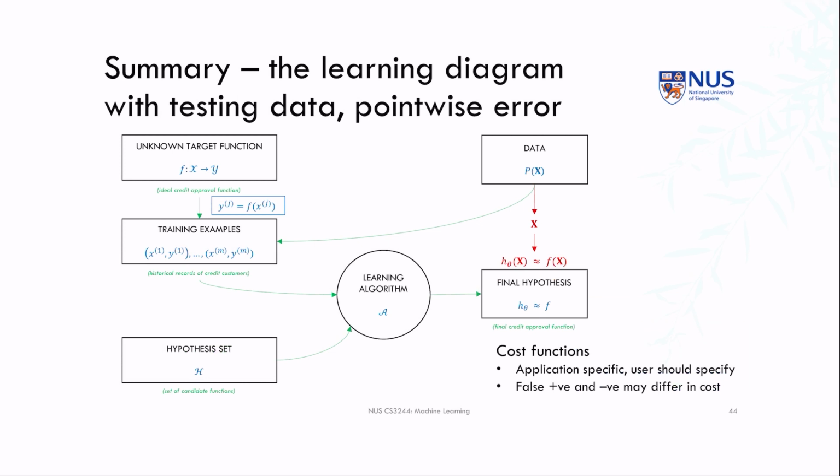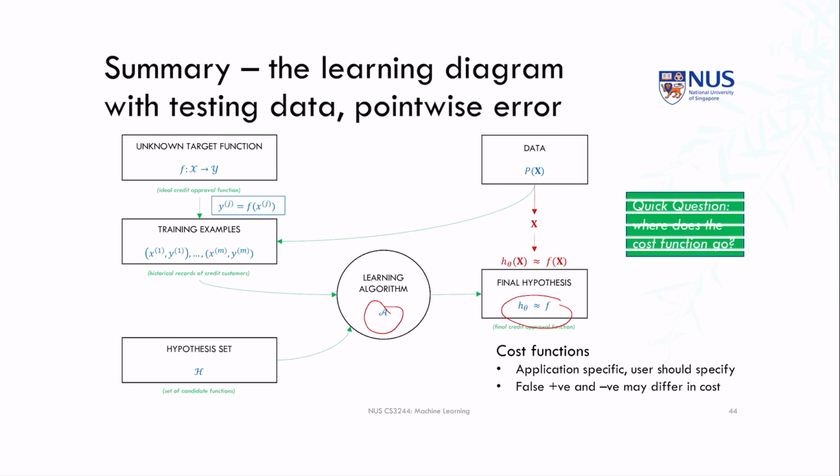So in summary, when we insert the cost function into our learning diagram, we have to find a place for it. We have the learning algorithm and the final hypothesis, so the cost function has to deal with measuring how close we can push our learning algorithm to the actual target function. I'd like you to think about where that goes.